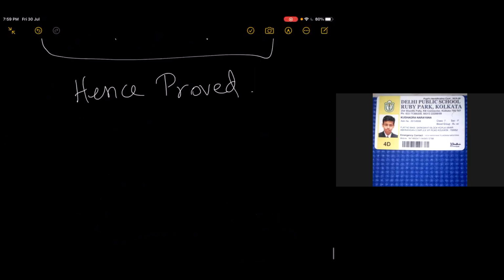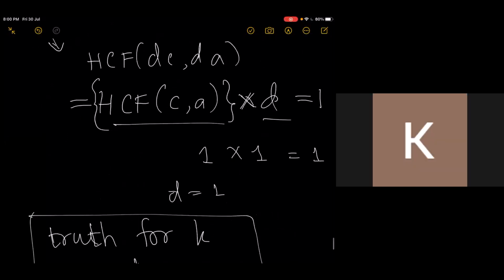Can you please scroll up so that we can copy?